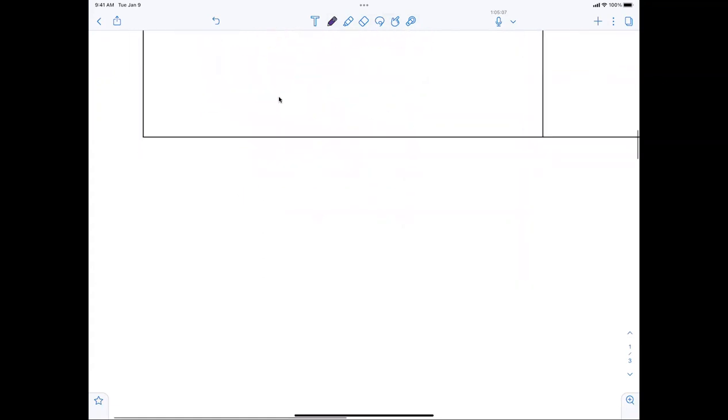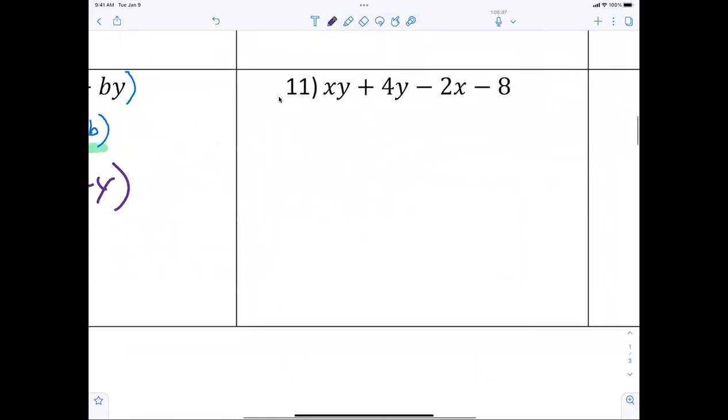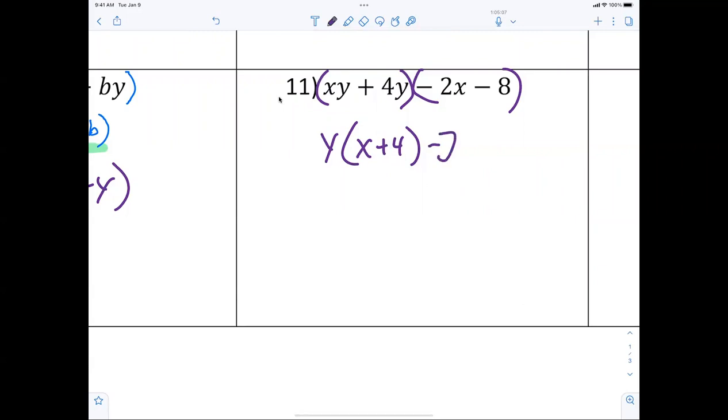Now let's take a look at number 11. Factor by grouping. What's common in the first one, Mikey? What's left behind? X plus 4. What's common in the second group? Just -2.